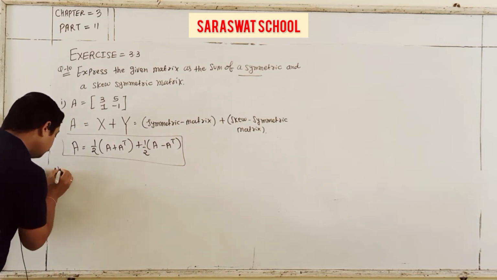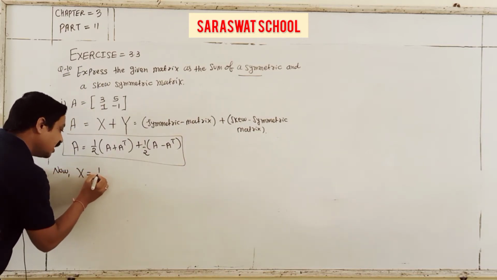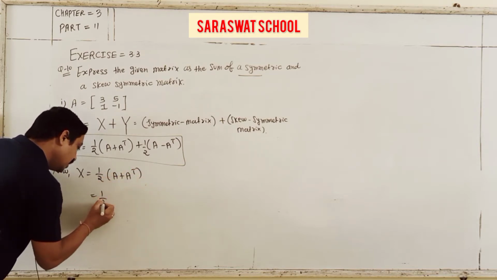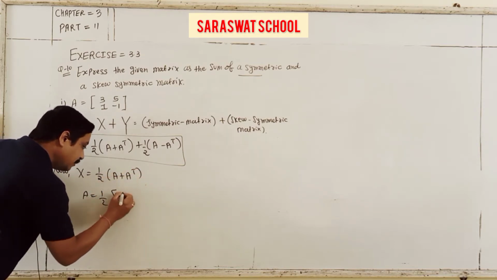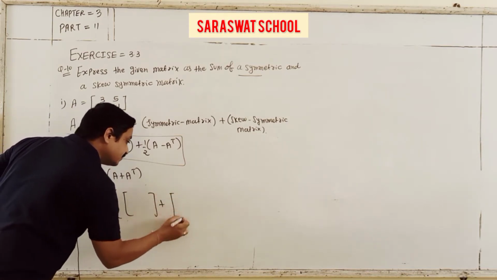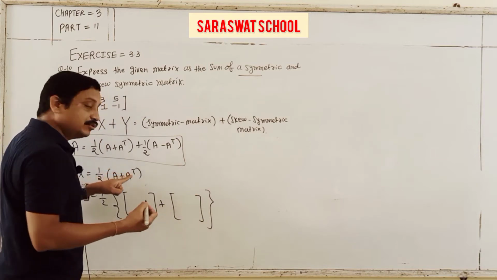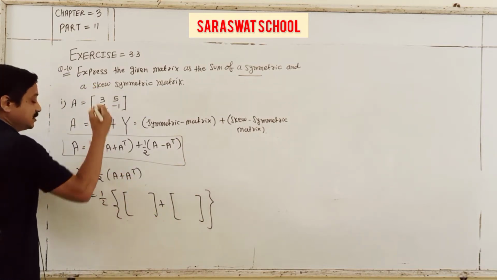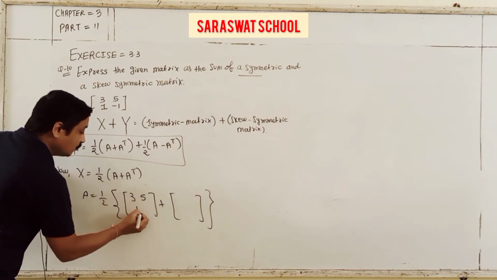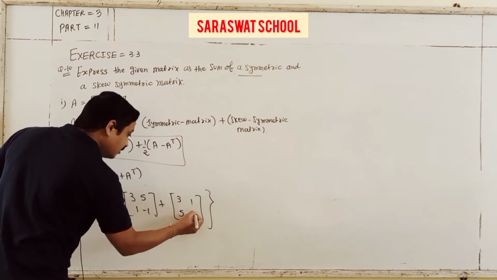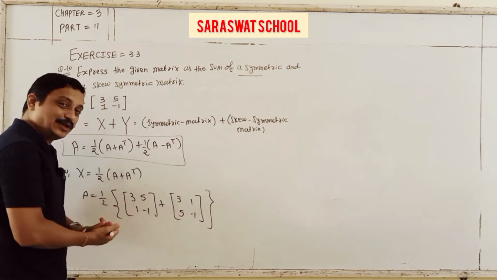Now X is half of A plus A transpose. Put down their values: A matrix plus A transpose matrix. Transpose you can also write with T or dash, students. So A is 3, 5, 1, minus 1, and the transpose is 3, 5, where the rows are translated into columns.